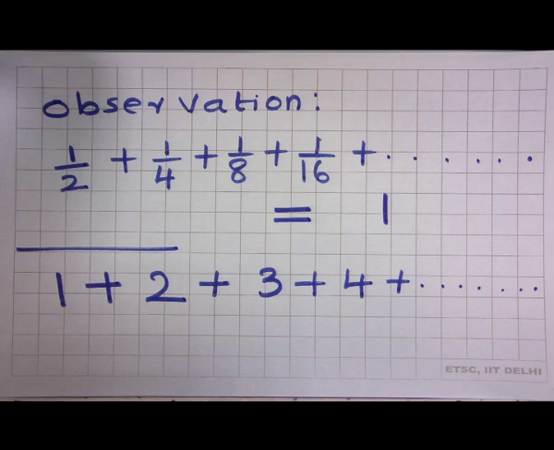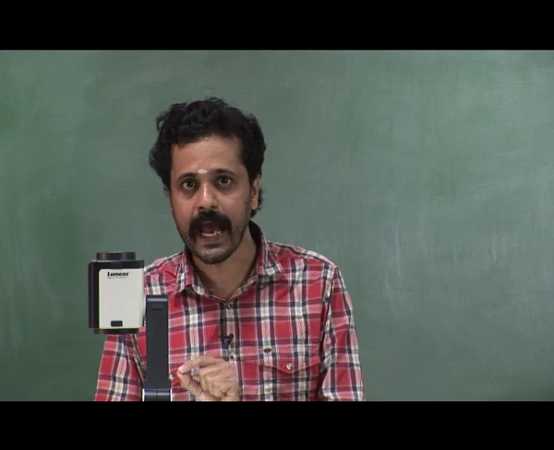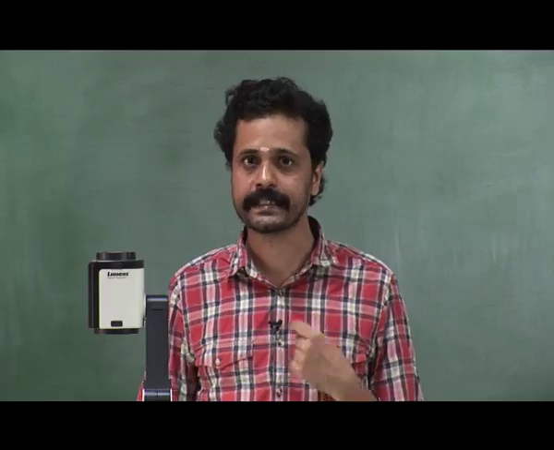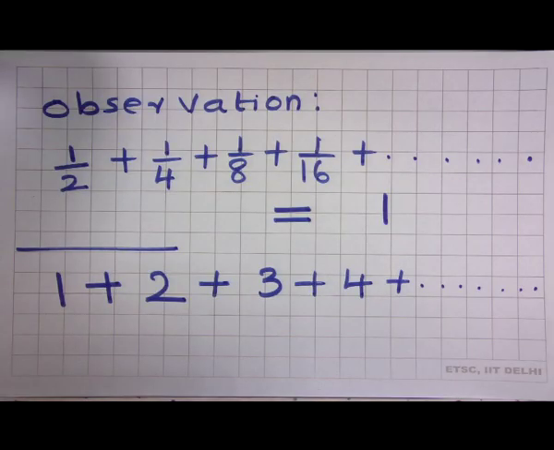That is, 1 plus 2 is 3. When we add 3 to this sum, we get 6. When we add 4 to the previous sum, namely 6, we get 10, and so on. As we add more and more terms, the sum increases.